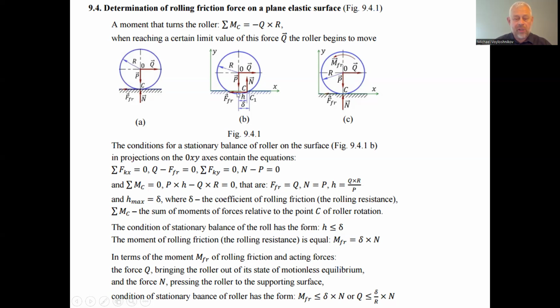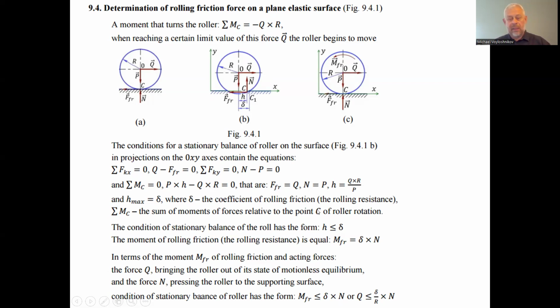Perhaps this elastic deformation after the movement restores the flat shape of the support, but when it rolls, we have the displacement of the point of the application of the force in the direction of its moving, h. And we have the transverse force Q multiplied by r, r is the arm of this force rotating around the point C of the wheel or roller.